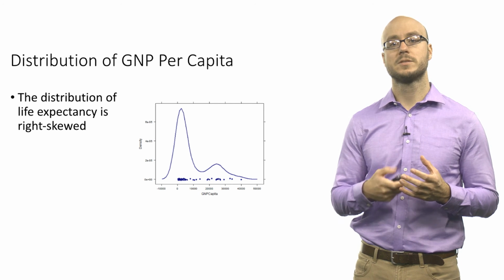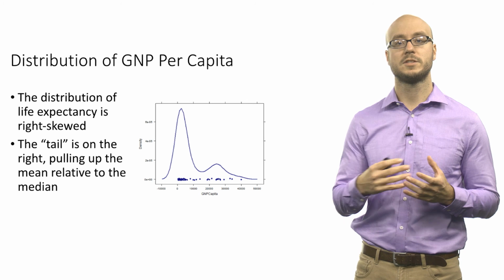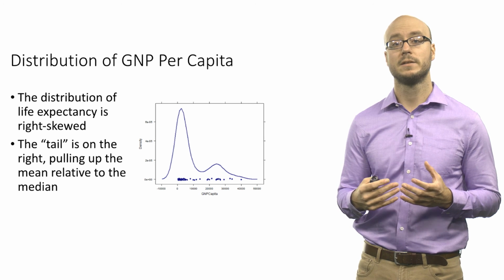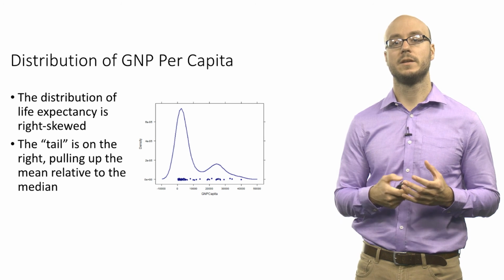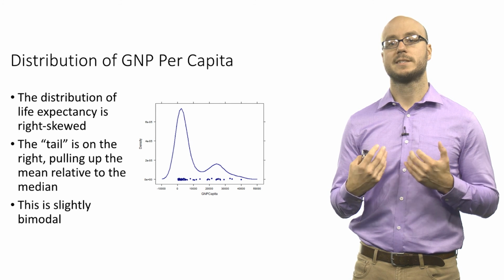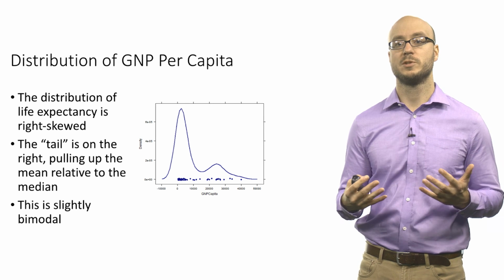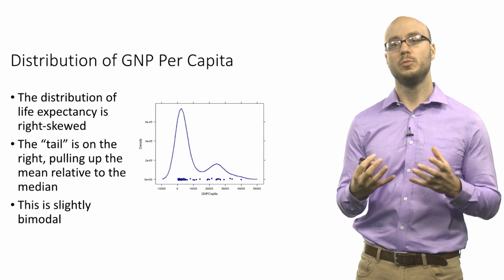And those extreme values, we'd expect the mean to be pulled upwards. That's because the distribution is skewed right. So the mean is going to be higher than the median, or 50th percentile. This distribution is slightly bimodal. It's clear that there's really one mode if you look at the distribution as a whole, but there are two peaks, so we like to say it is bimodal.